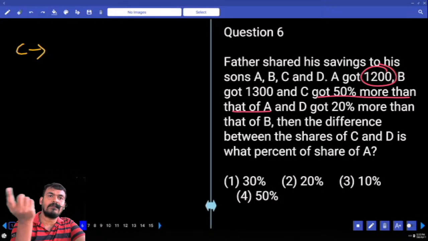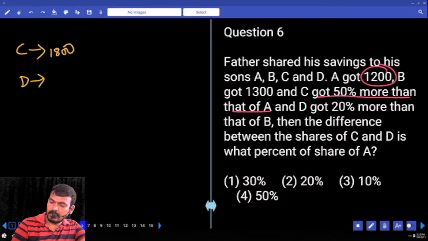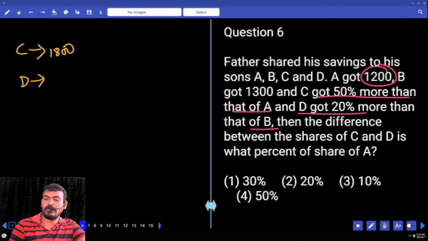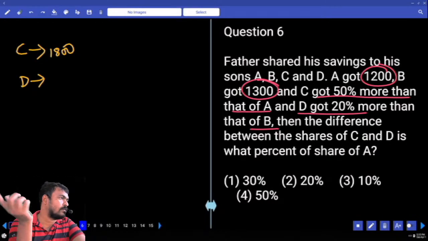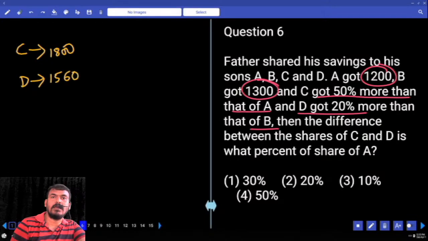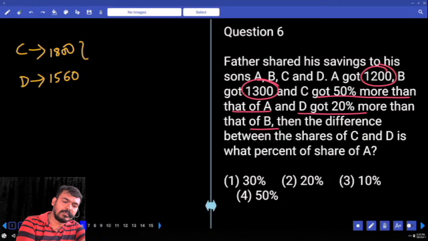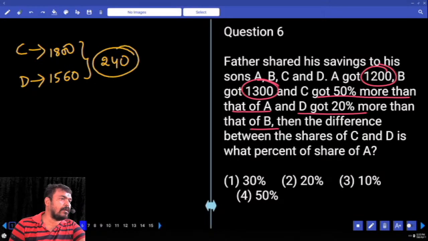What is the 50% of 1200? 600. 1200 plus 600, 1800. That is C value. Again D depends on which one? B value. Compared to B, how much percent more? 20% more. Already B 1300. 20% of 1300, 260. 1300 plus 260, 1560. And what is the difference between C and D? 240. The 240 is the difference between C and D values.